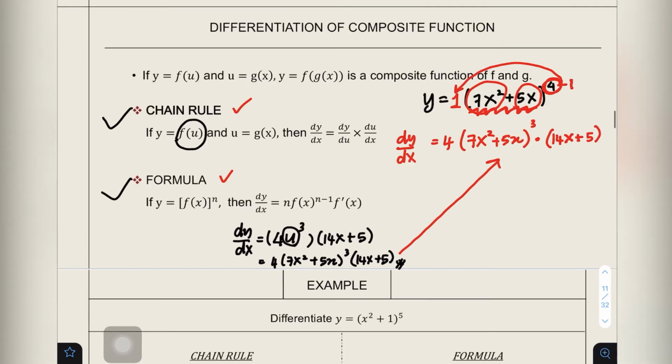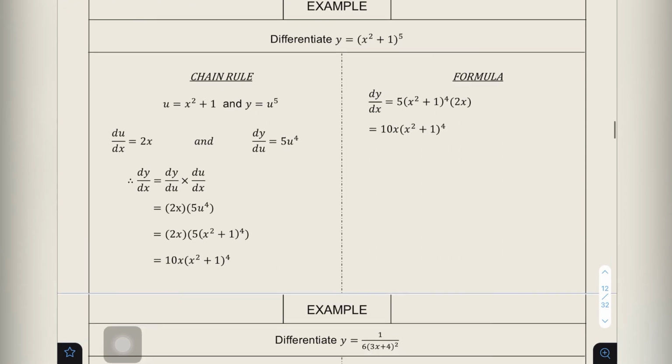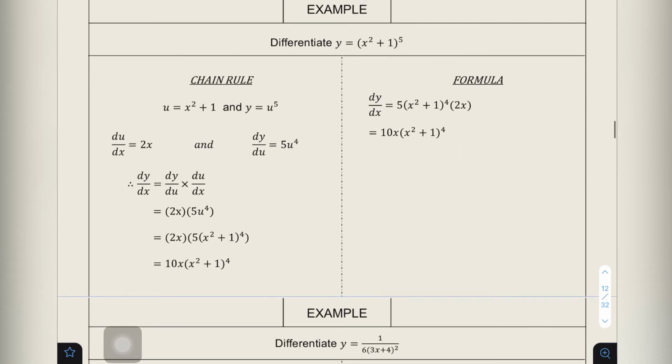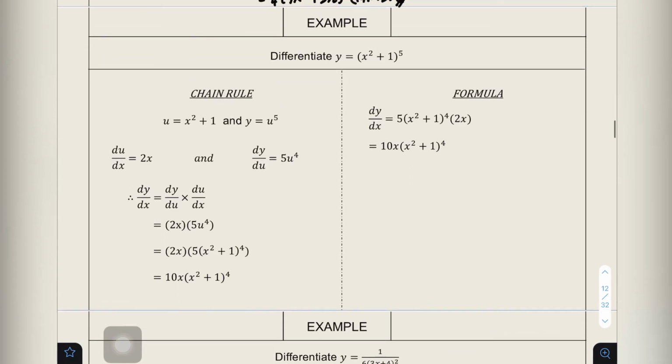Okay, let's see an example to differentiate the composite function. Let's say we have to differentiate y equal to (x squared plus 1) to the power of 5. So again, the composite function is actually a function inside another function.